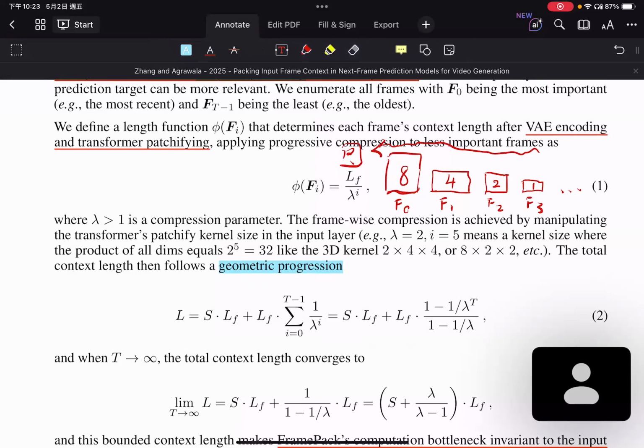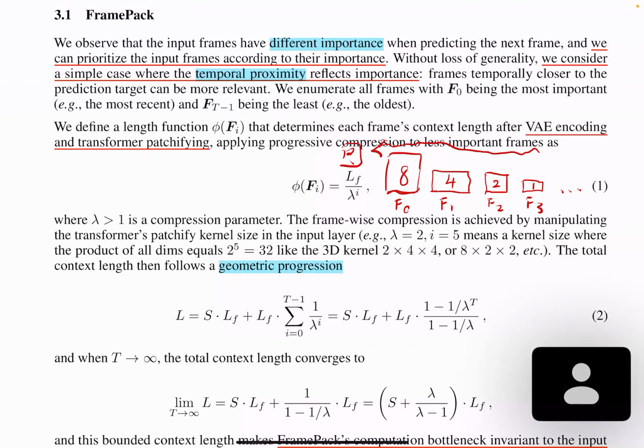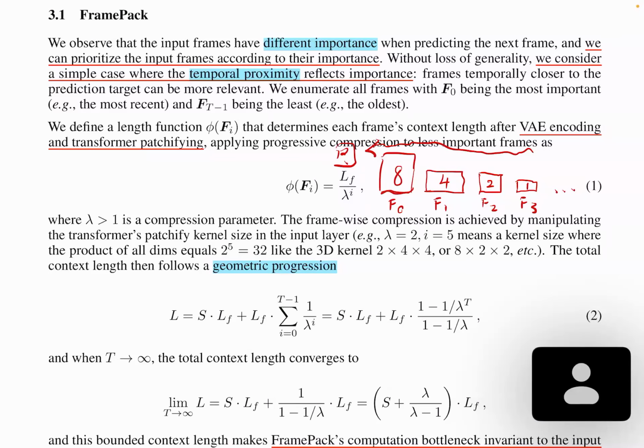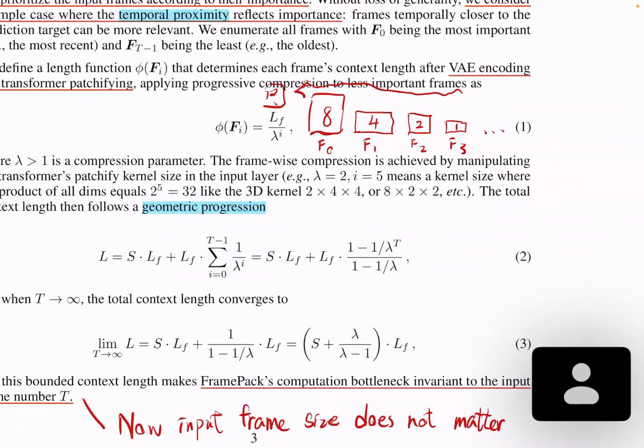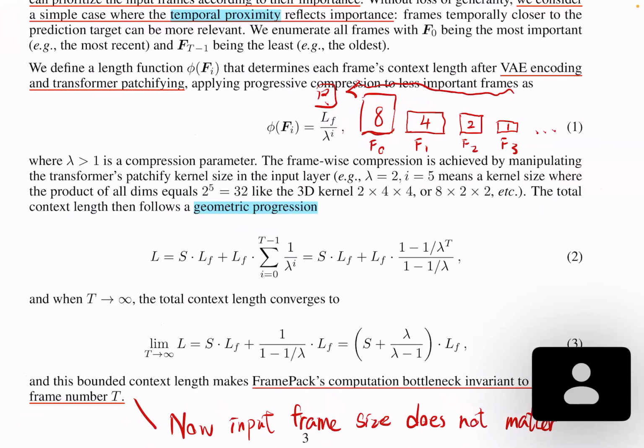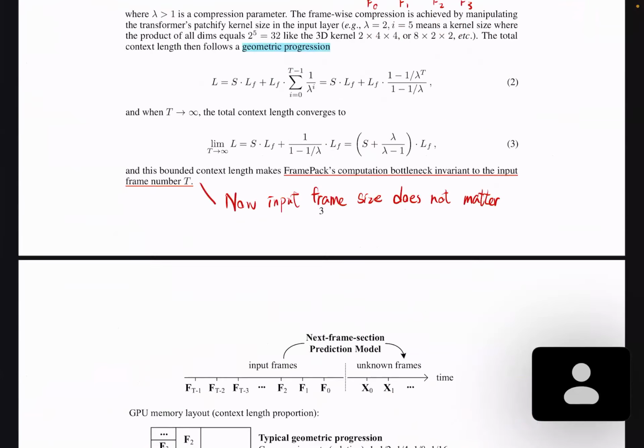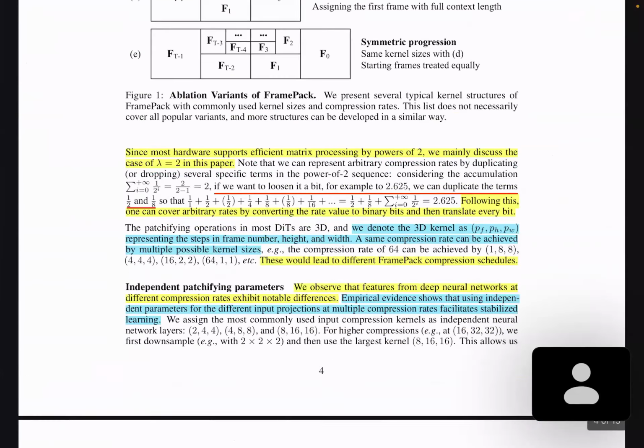And it just assumes that the frame before the most recent frame gets half. So there's a compression ratio, and let's just assume it is 2 here, so that 8 will become 4, and then the next frame will become 2, then 1, and so on. So there will be a compression ratio, and this will form something.